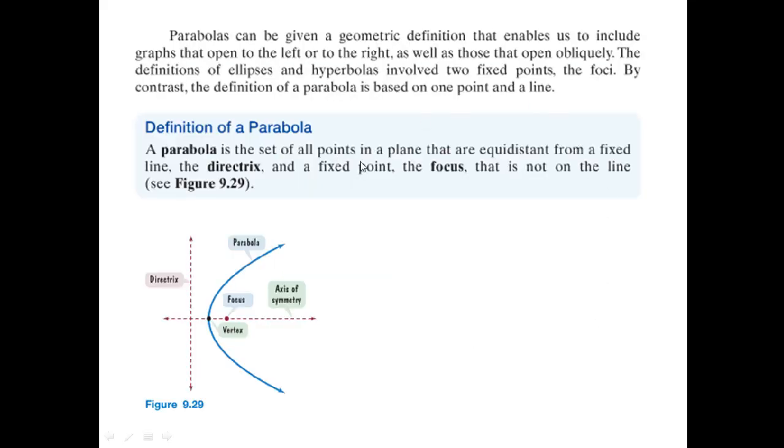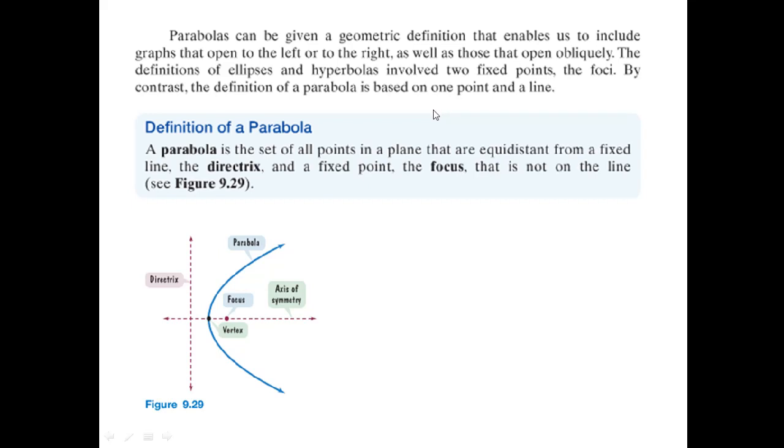Now, parabolas can be given a geometric definition that enables us to include graphs that open to the left or to the right, as well as those that open obliquely, in other words, on a slant. The definitions of ellipses and hyperbolas involve two fixed points, the foci. By contrast, the definition of a parabola is based on one point and a line.